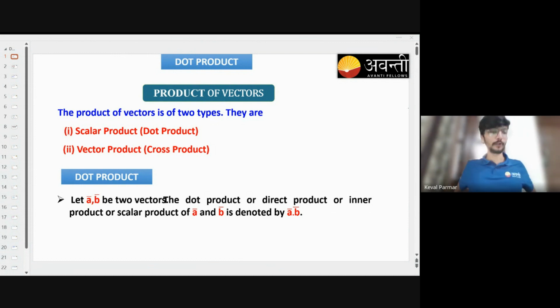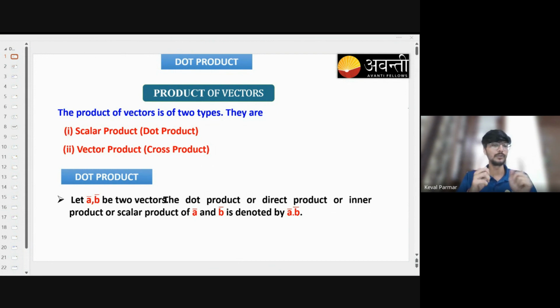In product of vectors, we have totally two things. What are those? First is the scalar product or the dot product. Second is the vector product or the cross product. We all know why the names are like this because तुम लोग सुन के थक गए होंगे. In physics also, dot product means दो वेक्टर को multiply किया.